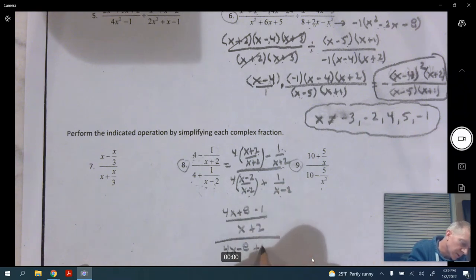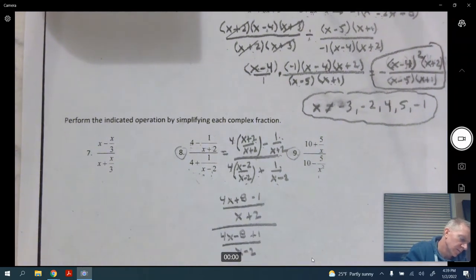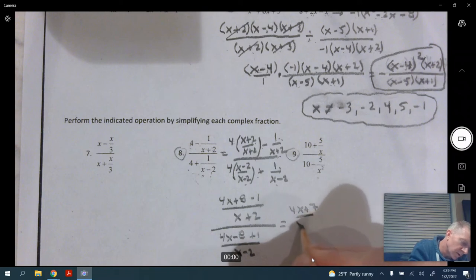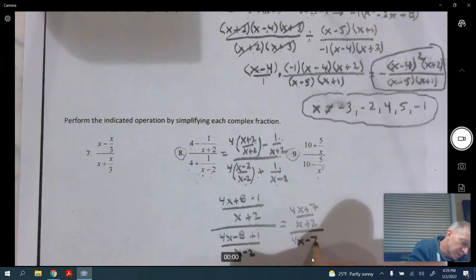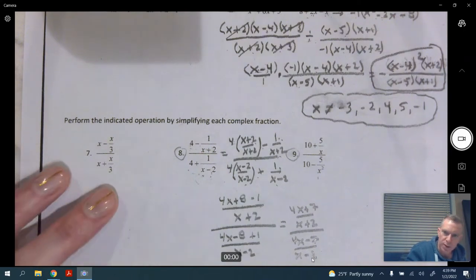So we got plus 1 all over x minus 2. Okay, and then let's simplify. That's going to be 4x plus 7 over x plus 2, and then 4x minus 7 over x minus 2.